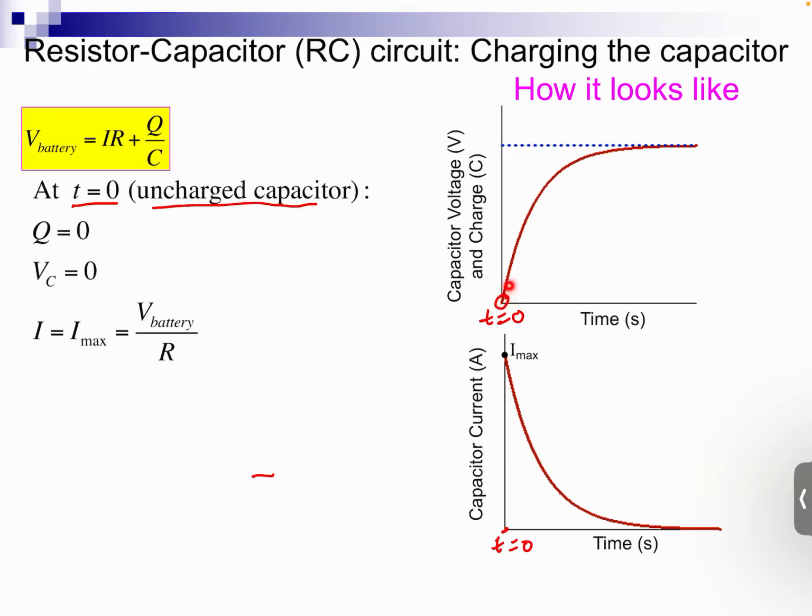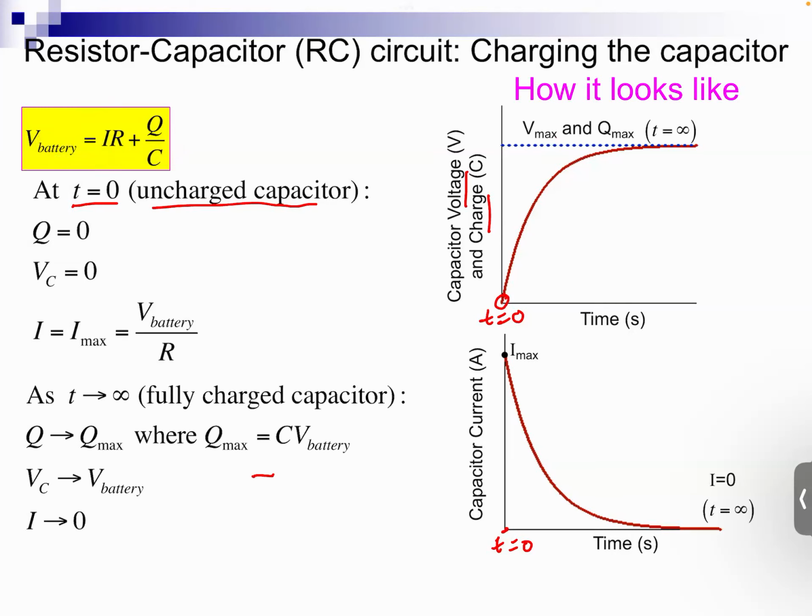Now, as the capacitor charges up, notice how as time increases, the voltage and the charge in the capacitor increase, and as they increase, notice how the current decreases at the same time. That therefore satisfies this relationship here.